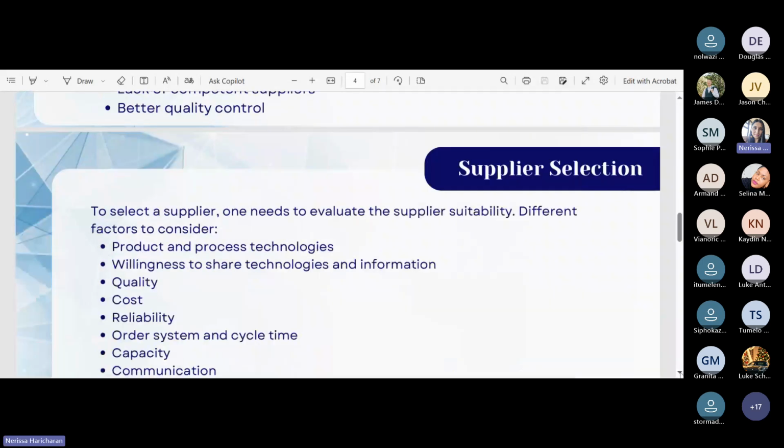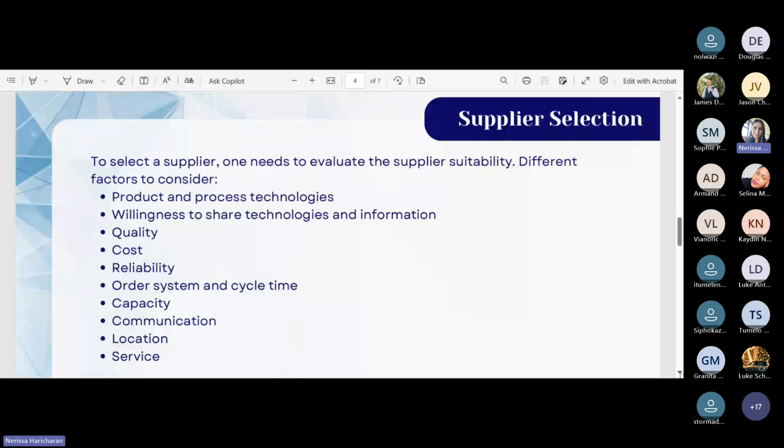So the next one is supplier selection. And basically, it sums up the different factors for you to consider when you are selecting a supplier.